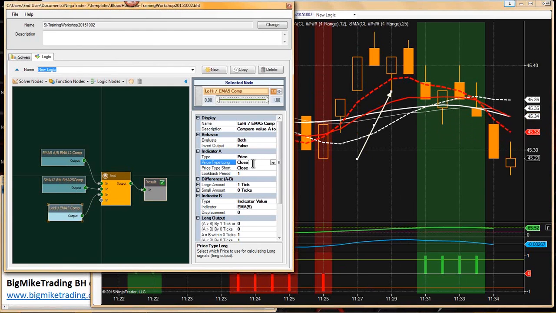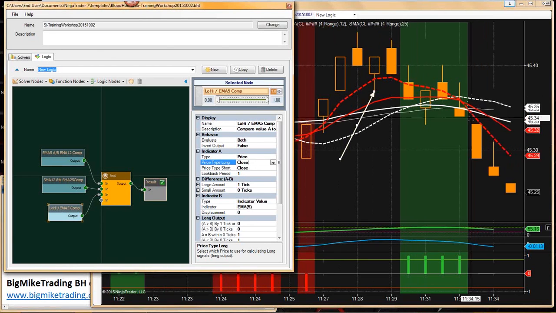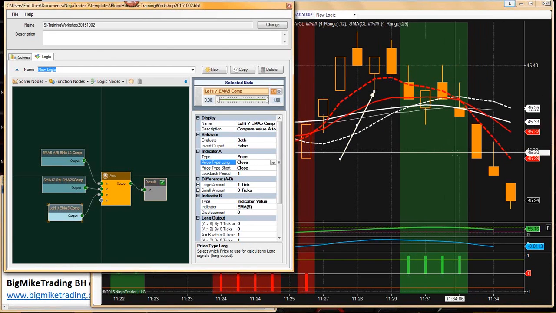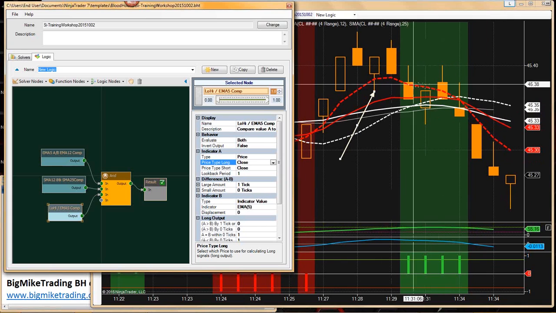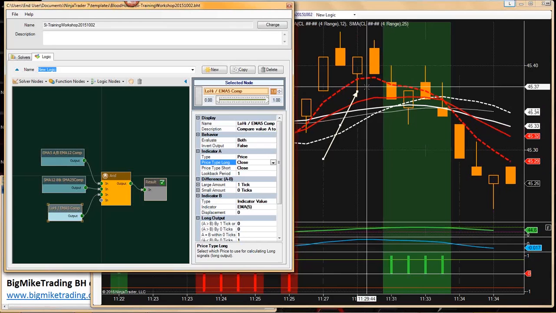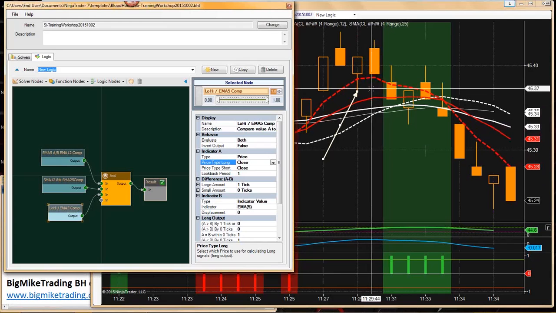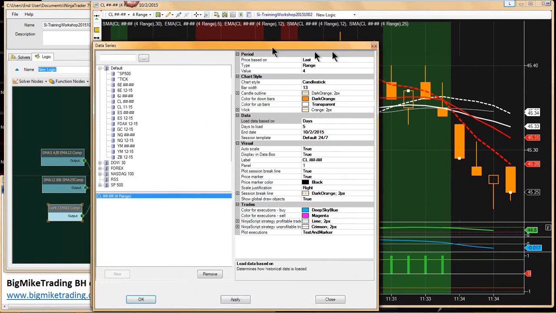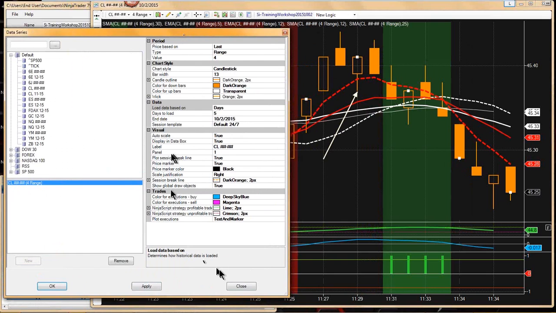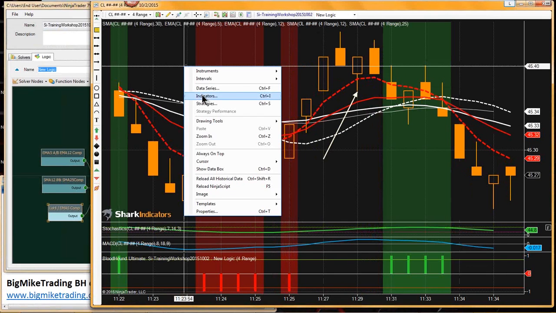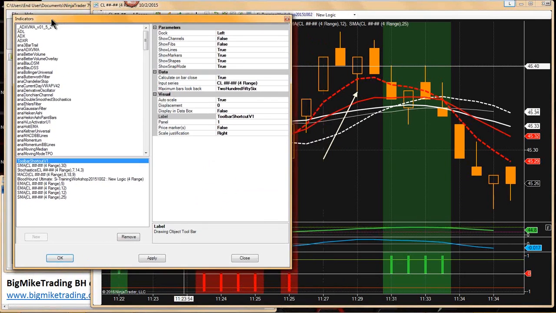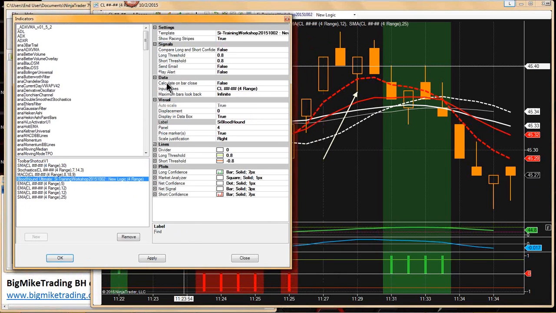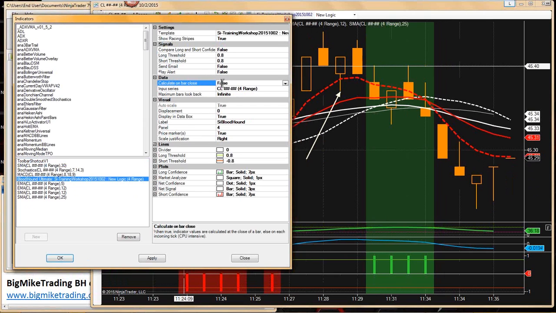You can't have both. So I guess here's a way to explain it. Let me bring up BloodHound here, back to the indicator window. This calculate on bar close, when I have it set to false, only applies in real-time data.